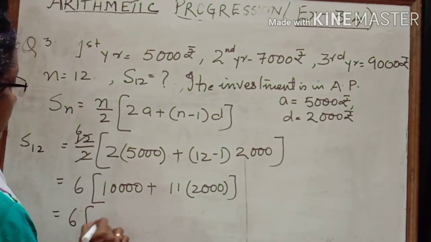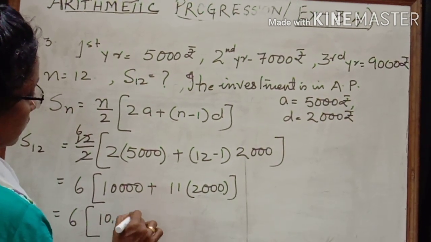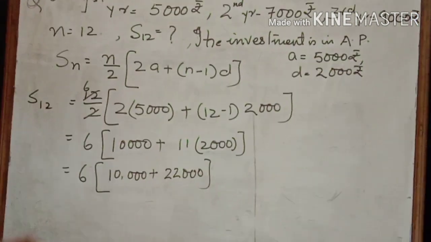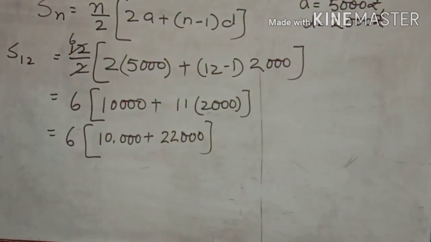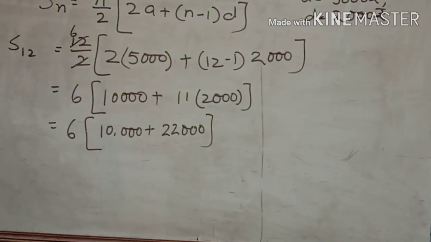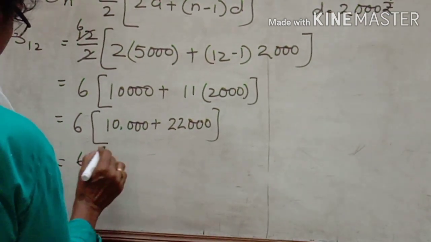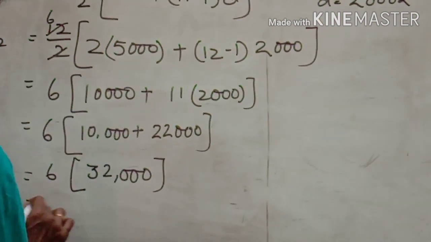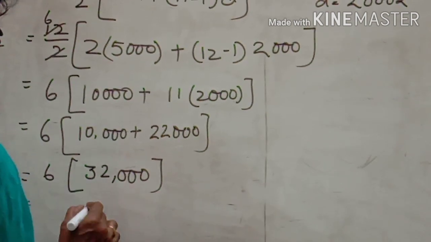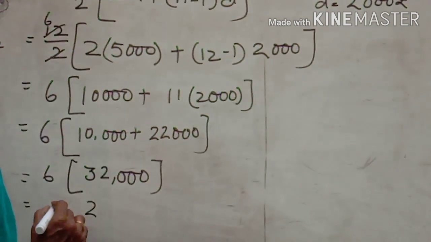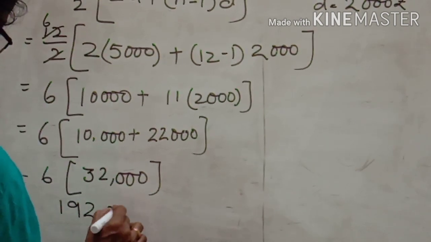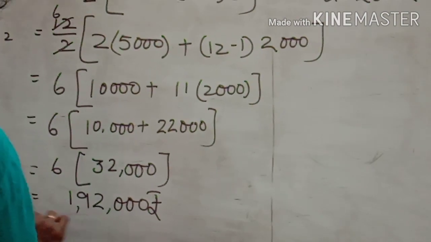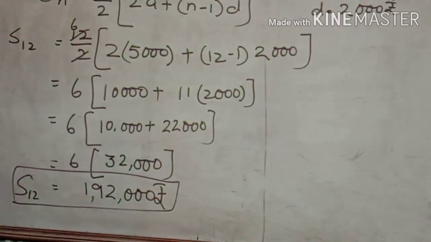This is 6 into 10,000 plus 22,000. Now after solving, you will get 6 into 32,000. So that is 6 2s are 12, 6 3s are 18, 19, so this much amount he got.